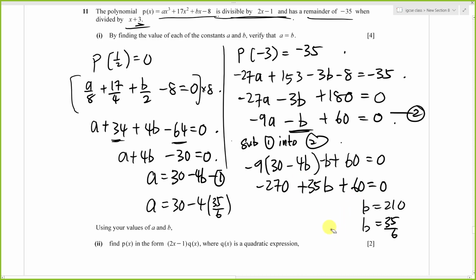So this one will be divided by 35. 210 divided by 35 is 6. I got a 6 here. My a equals 24 minus 4 times 6, which is 6. Then they ask me to verify. So therefore, a equals b, because both actually give me 6, right? So therefore, a equals b.